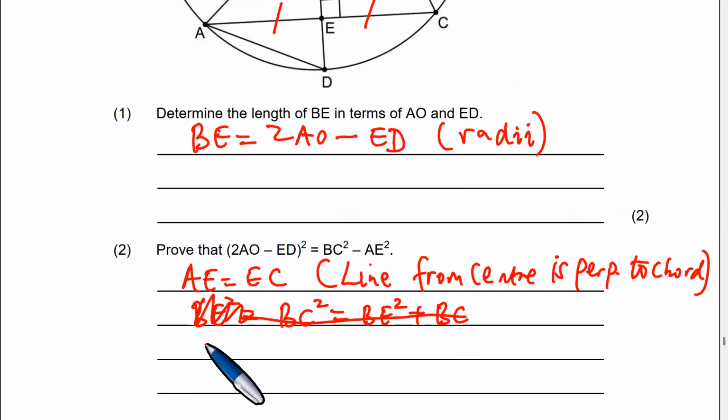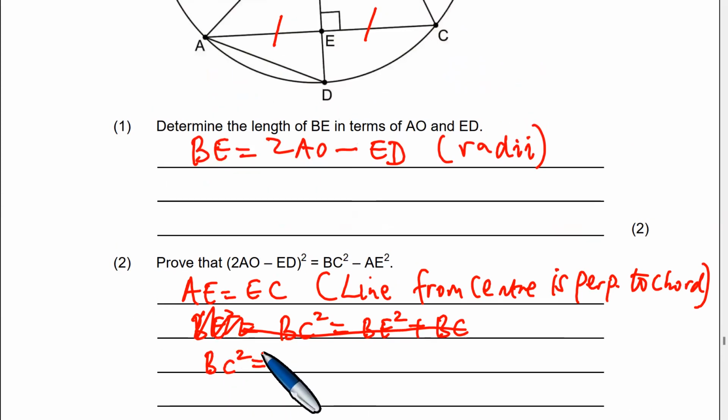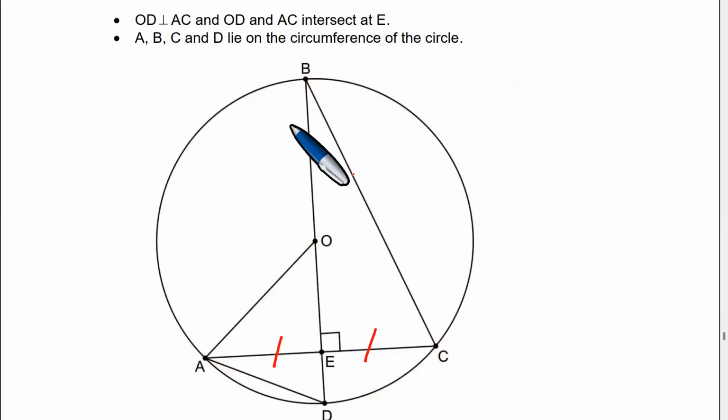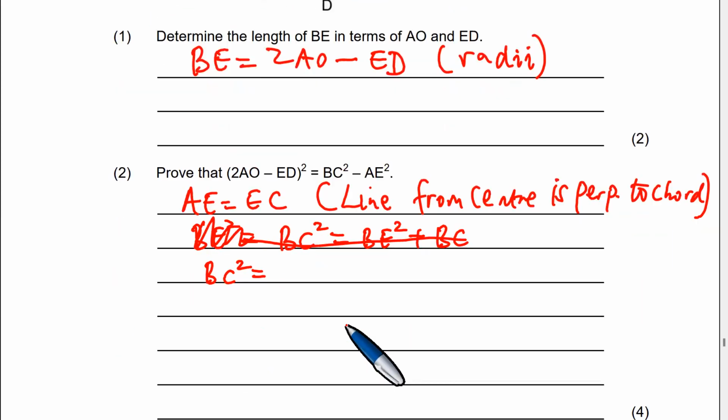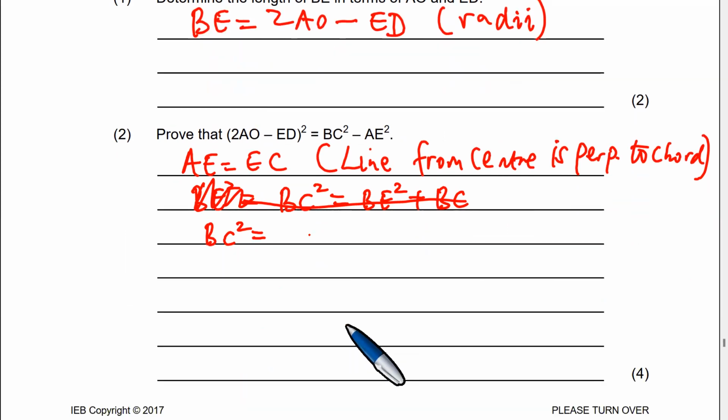I want to say BC squared is equal to BE squared plus EC squared. Okay, this is Pythag.